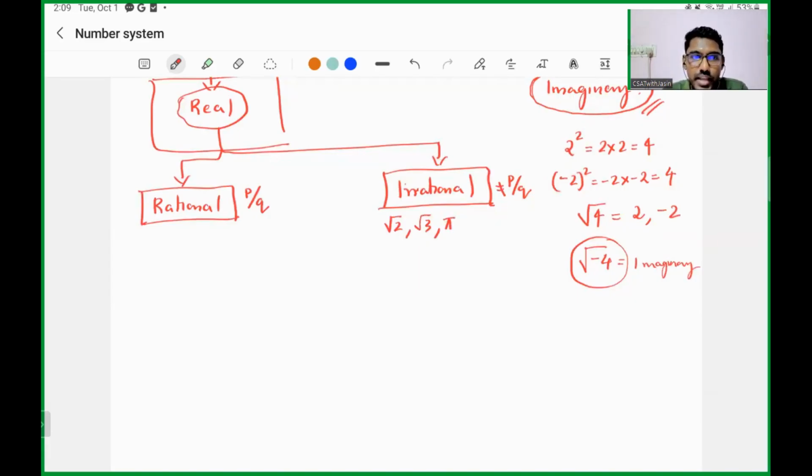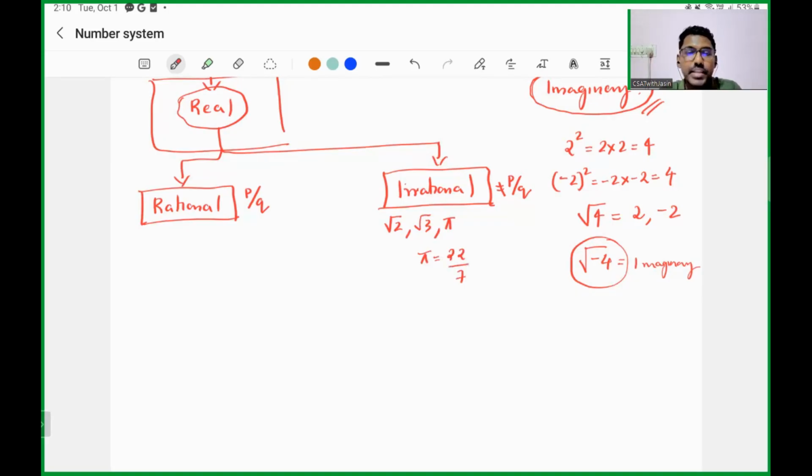Now you might be having a little confusion. In your school days, when you were calculating the area of a circle, the area of a circle is pi into r square, pi r square. When you were doing all those calculations, you might have taken pi equal to 22 by 7. For ease of calculation, we use pi as 22 by 7. 22 by 7 is actually a p by q form, right?